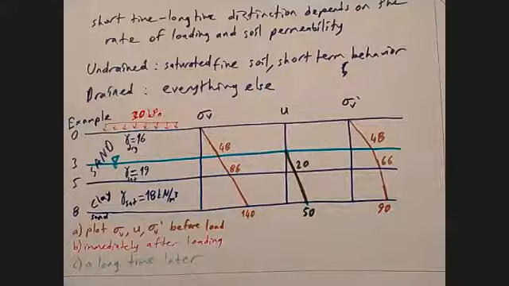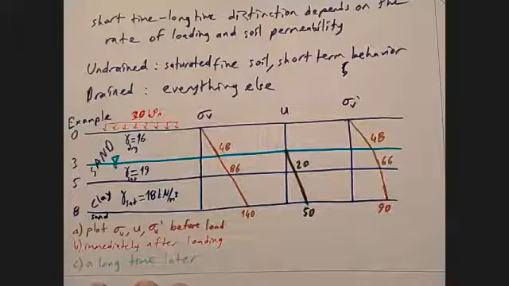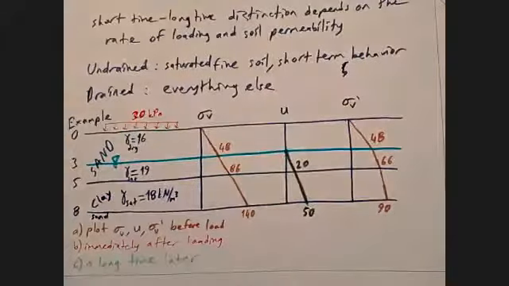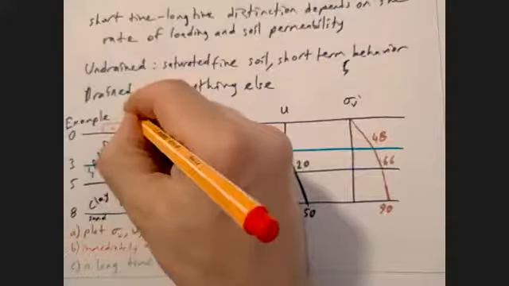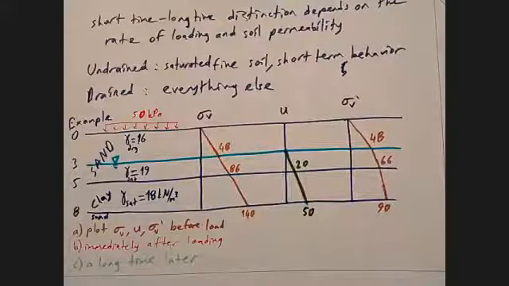Now, let's move on to part B then. I applied 30 kilopascals of additional load. What happens then? Actually, let's make this 50 so that I can draw more clearly. So I'm going to apply 50 kilopascals of load.